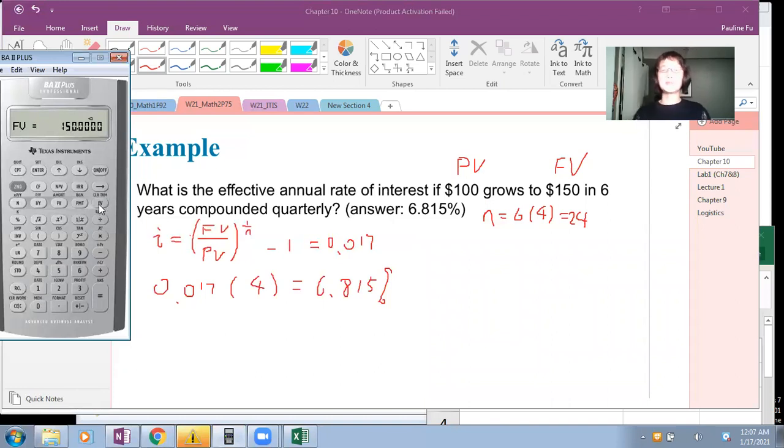When you have both present value and future value, you need to enter one of them as a negative number. And then 24 is the term N, 0 PMT, compute I/Y. So the calculator directly gives you the annual rate, 6.8152. Okay, so this is the calculator method.